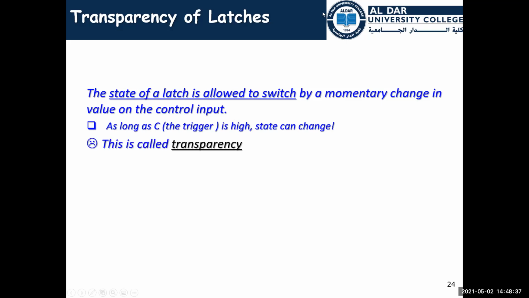So if we have an edge here, the transparency means that we are working on that level, meaning the output will be kept at the same state as long as the value is 1. But I want to just work on this edge.